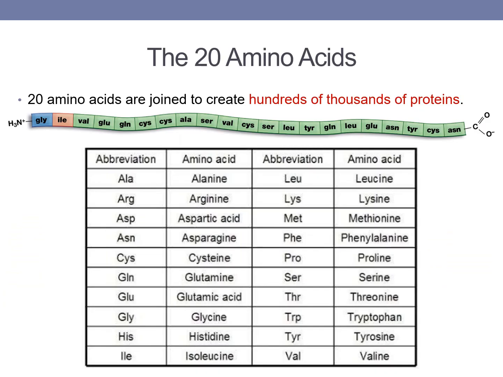When proteins are translated, they consist of 20 different amino acids. There are 20 different amino acids that are used in all forms of life, and they are joined together in different sequences and arrangements to make hundreds of thousands of different proteins. You can see here the beginning of a protein that starts with the amino acid glycine.